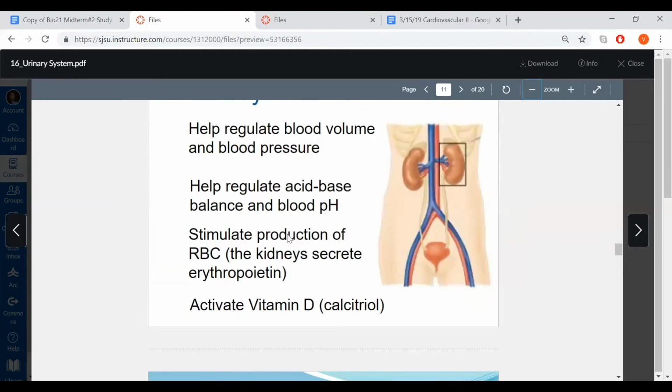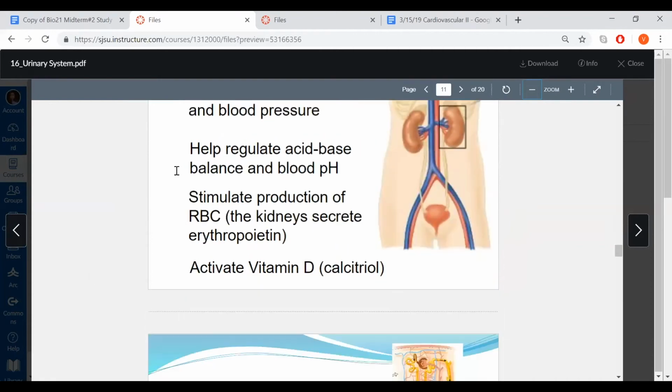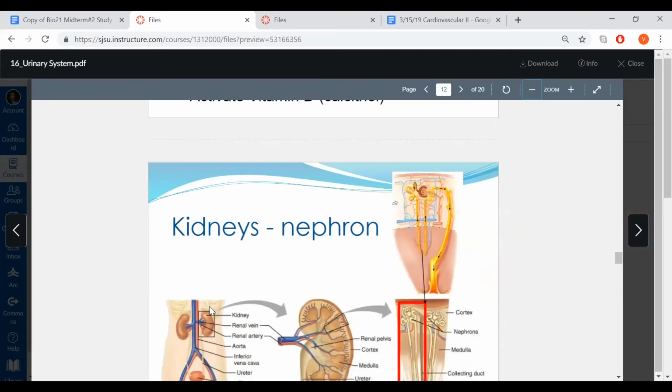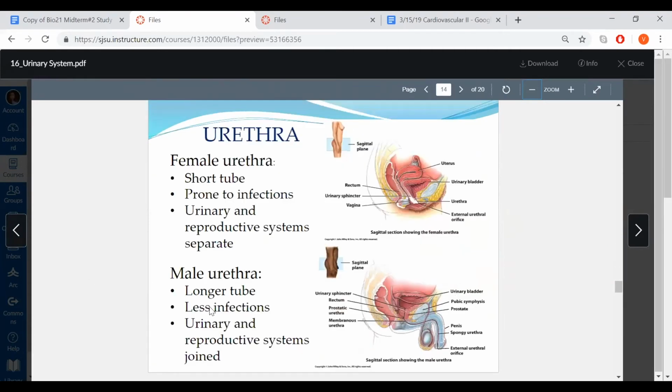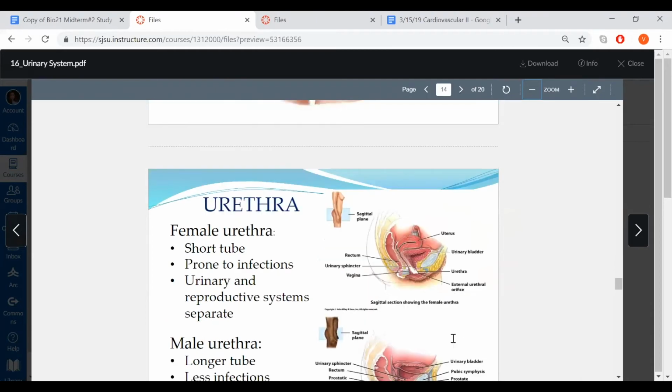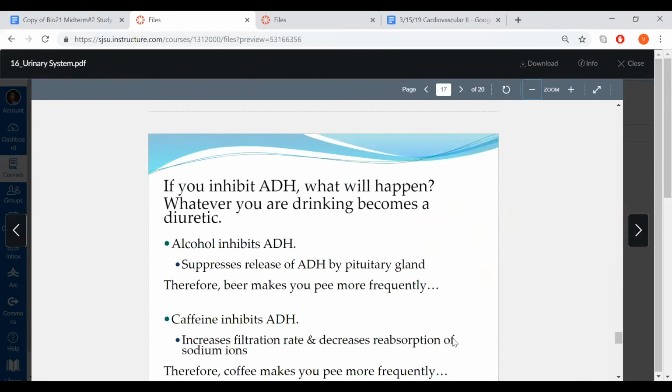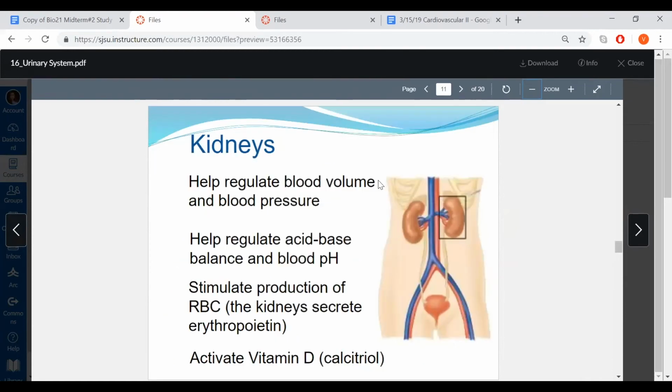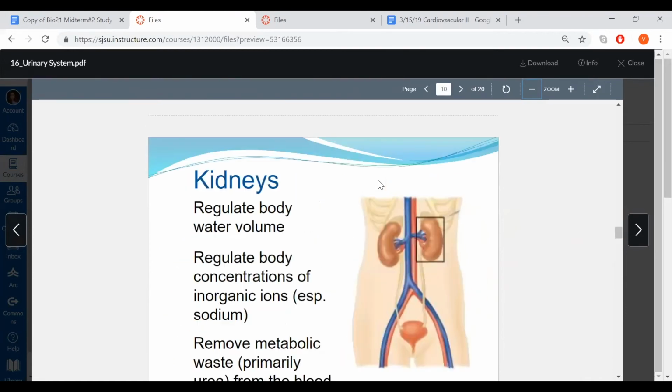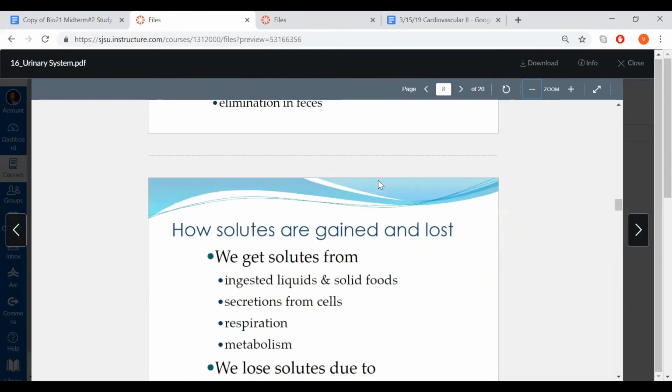They stimulate production of RBC, all that good stuff. Make sure you know a few of them because there are a lot of functions for the kidneys. And versus the liver, it filters mainly toxins, I believe.